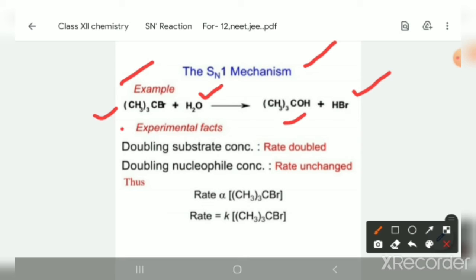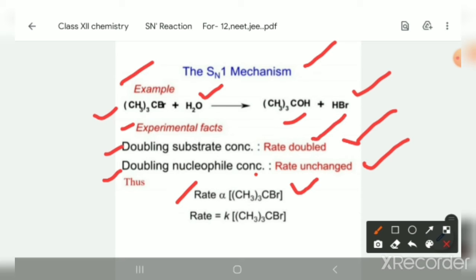And now see the experimental fact. When doubling the substrate concentration, the rate of the reaction also becomes double. But if doubling the nucleophile concentration, the rate of the reaction is unchanged. That is why we can say that the rate of the reaction is directly proportional to the concentration of the alkyl halide.